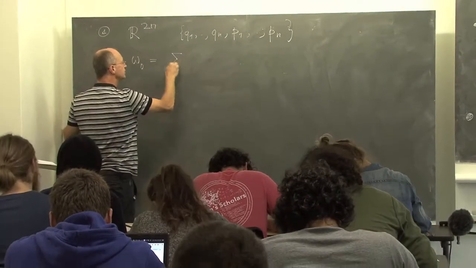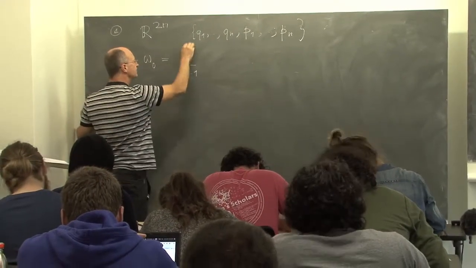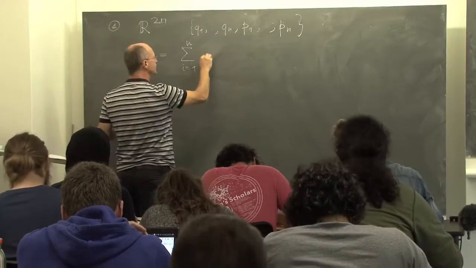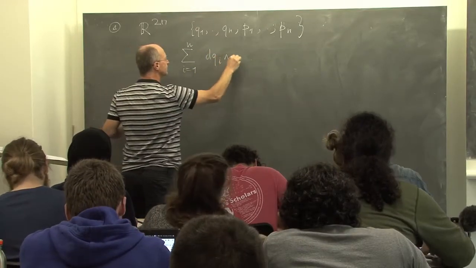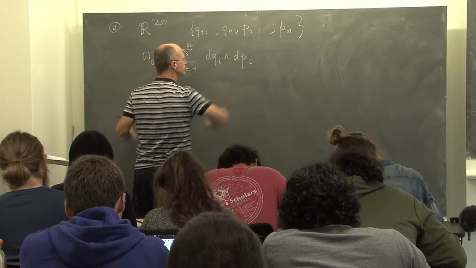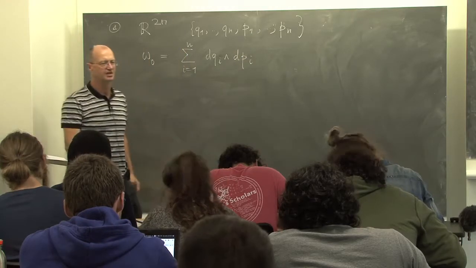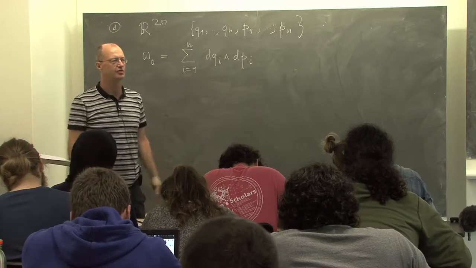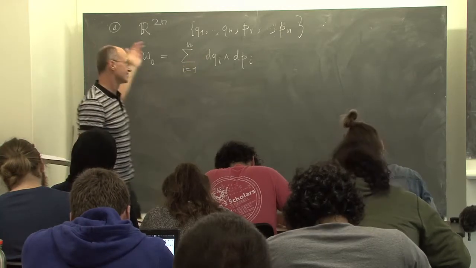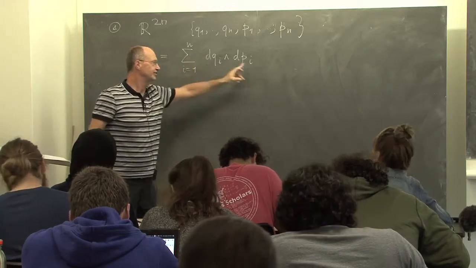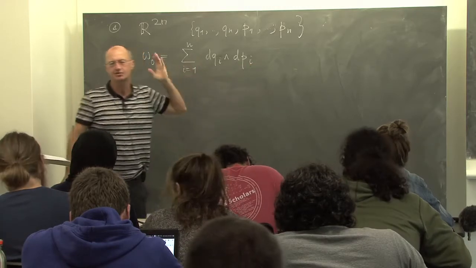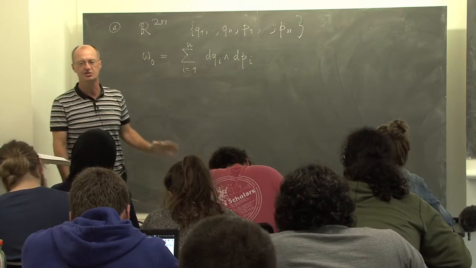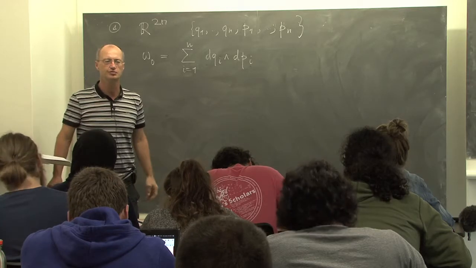And here actually, I have a slight problem with my formula. All my life I was used to dp_i with dq_i. But it sounds like with the definitions that we already installed, we should probably have dq_i, dp_i. Of course, that's just a sign question. I don't know, what are you people used to?